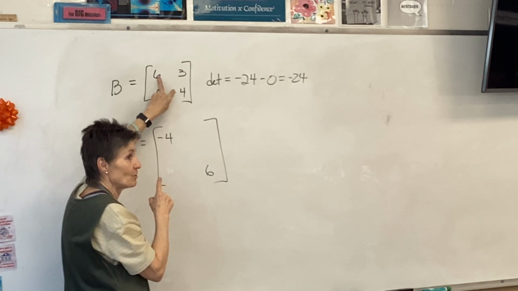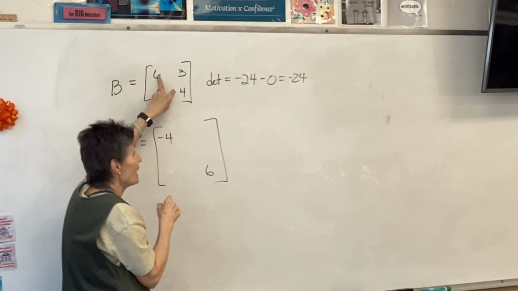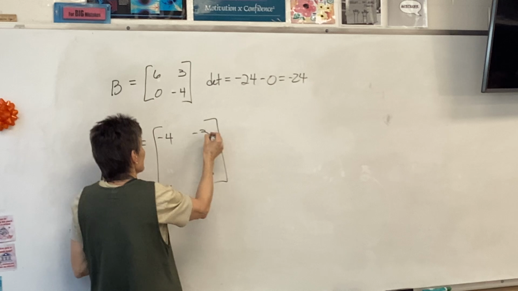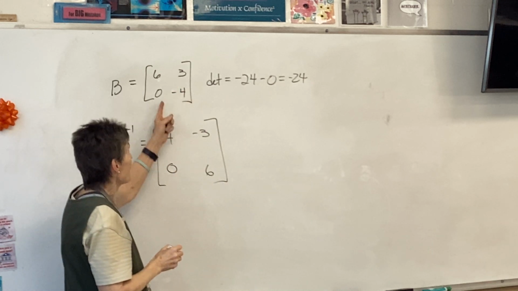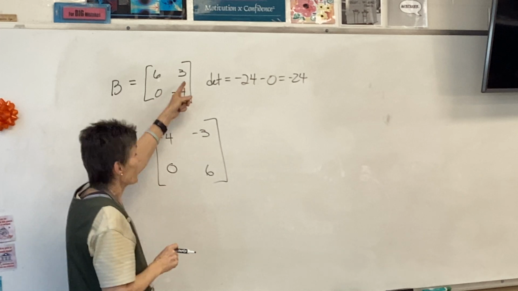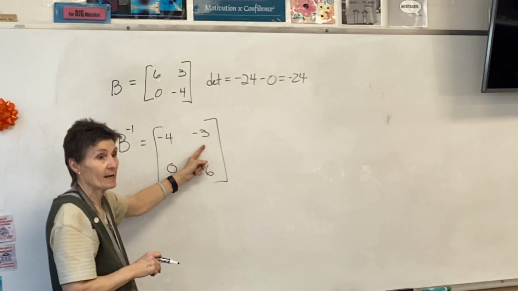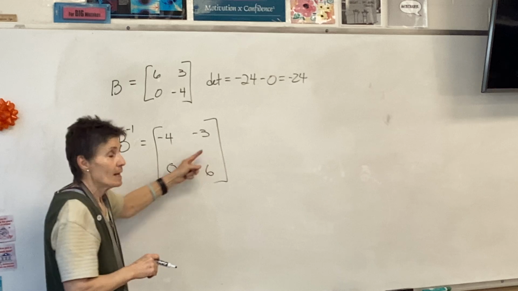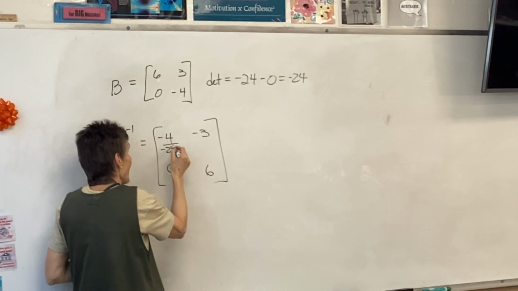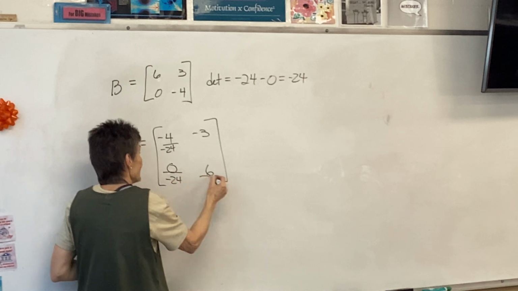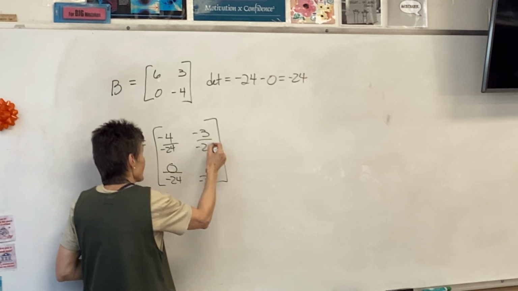So I'm going to go ahead and do that. We flip those two. And then I have to change the sign on these. Now, 0, that's a positive, so I'm going to make it a negative. And then I'm going to take my new matrix and divide everything by -24.